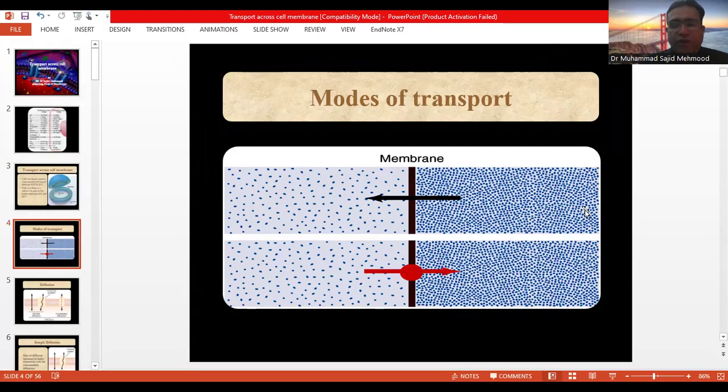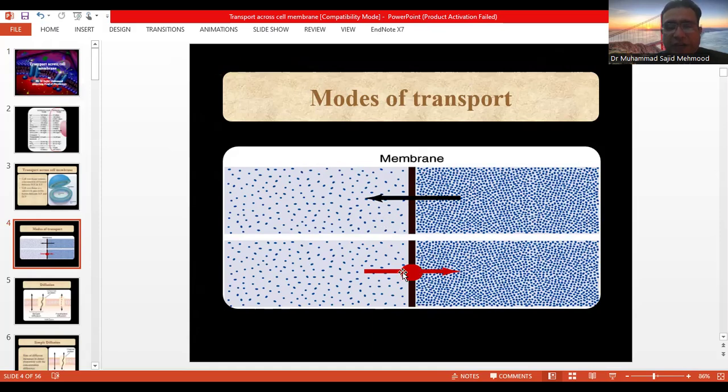Now, the mode of transfer is that the molecules can easily move from one compartment to the other by the process of simple diffusion, without involvement of any carrier protein. In this Venn diagram, there is no carrier protein and molecules are moving from higher concentration towards lower concentration.